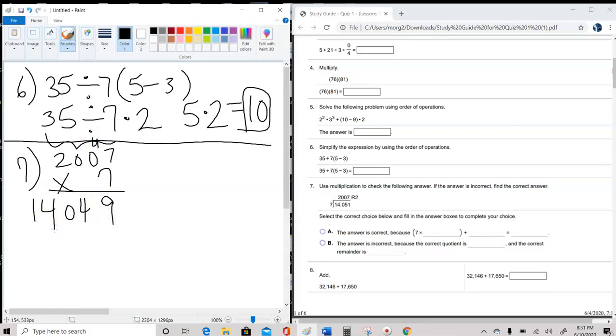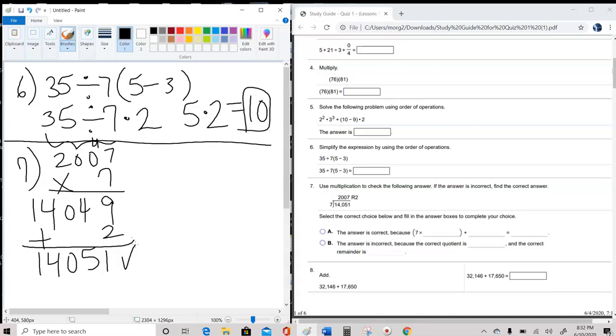And what we do with the remainder is add it to our product. And since we got the same number that's under the house, or under the division symbol, then our answer is correct.